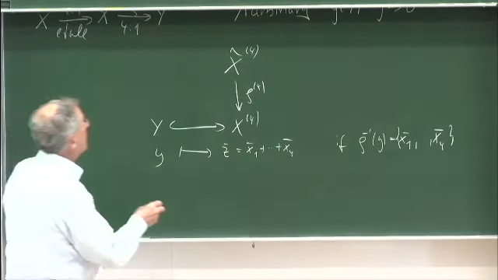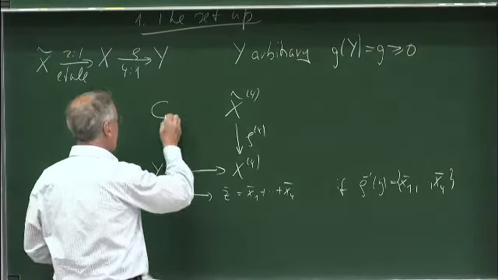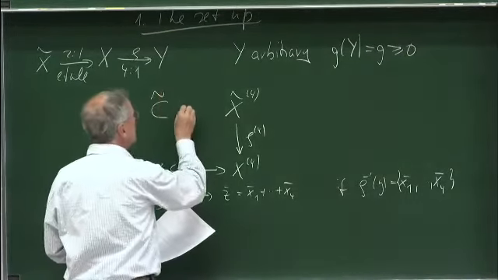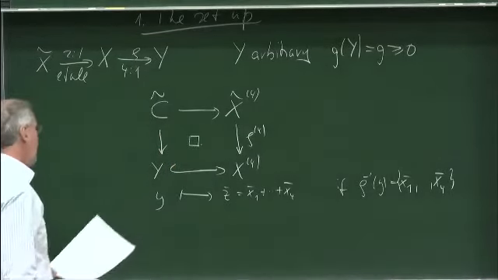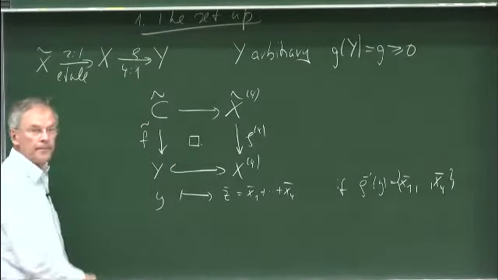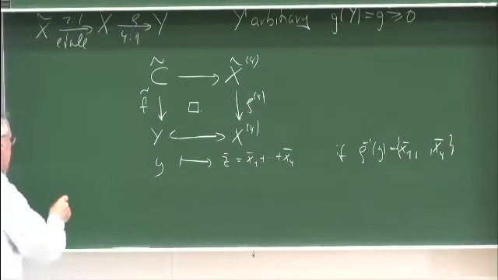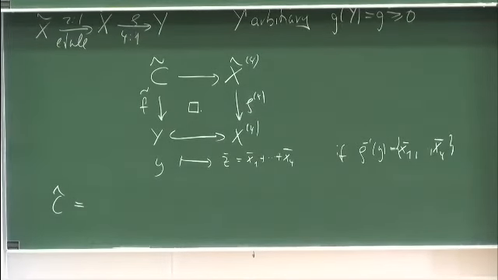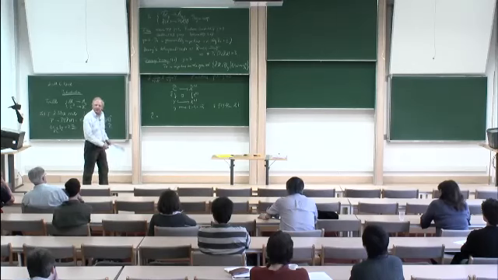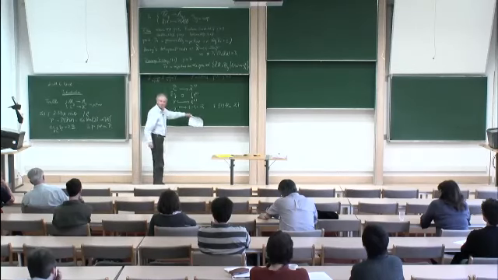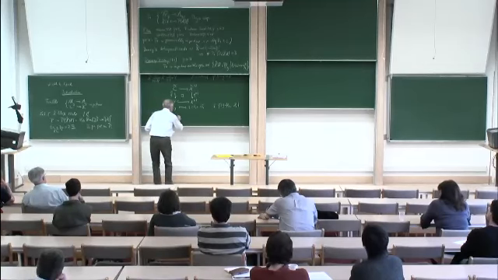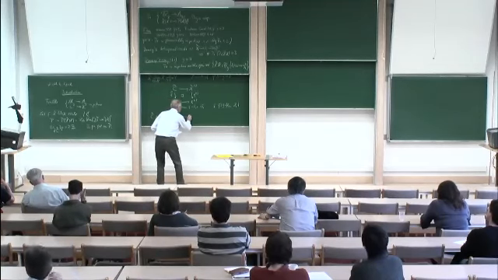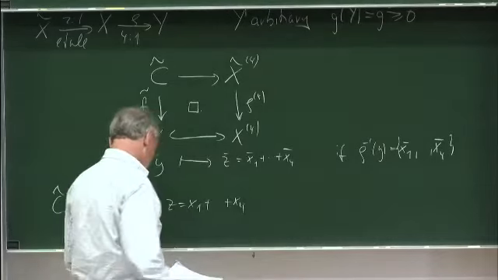Okay. Then I take the fiber product here, which I call C tilde, and call this map f tilde. So C tilde just consists of all the liftings of points here, right? So C tilde consists of the set of liftings z equal to x1 plus ... plus x4 of z bar.